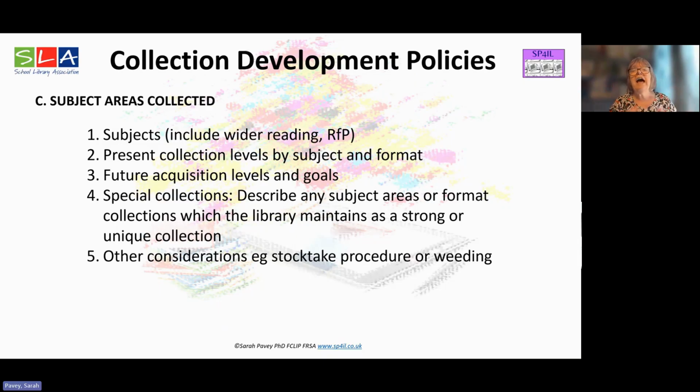Put all of that in. How do you decide what you're going to have? What have you got at the moment and how are you going to change that? What are you hoping for in the future? Any special collections that you have because of a specialism that your school has, and any other considerations that you need to take account of, like how often do you do a stock take? What does that comprise of? How do you weed the books that you've got? All of that goes into section C.